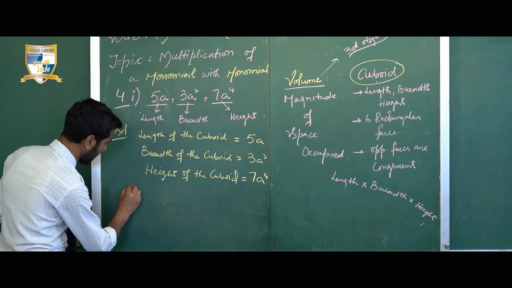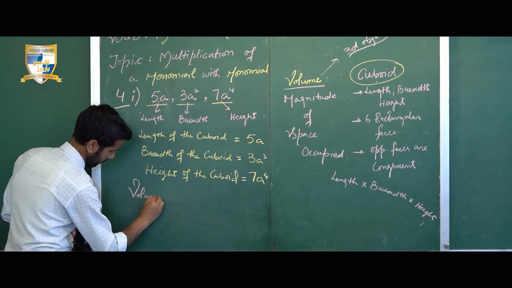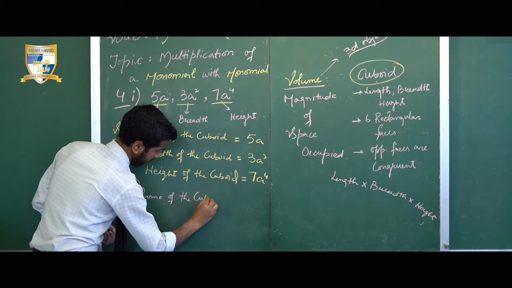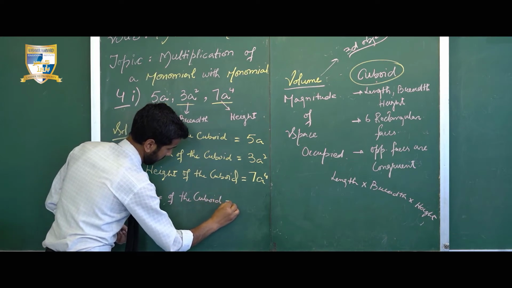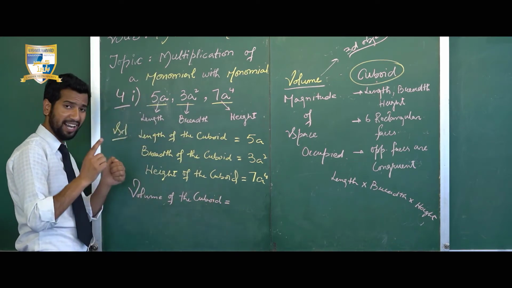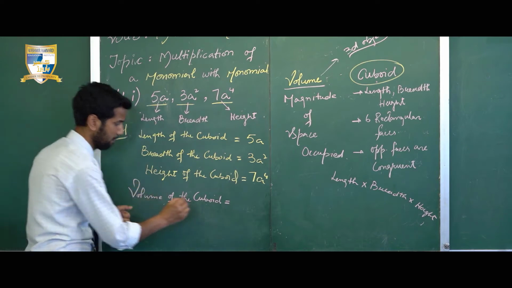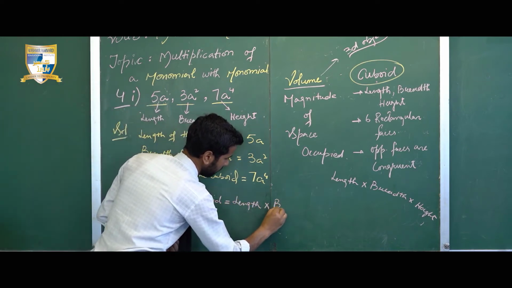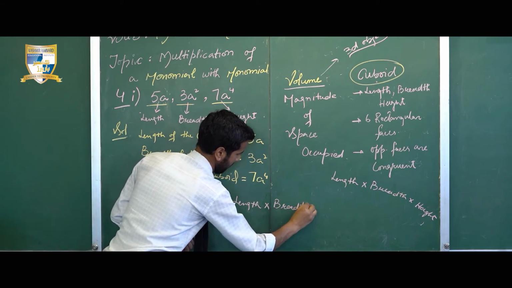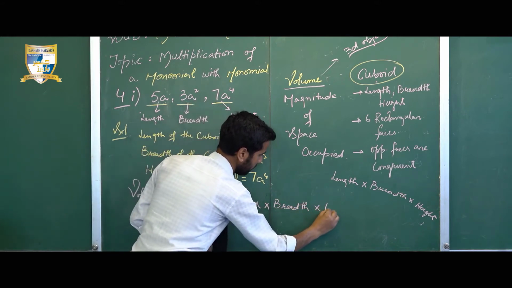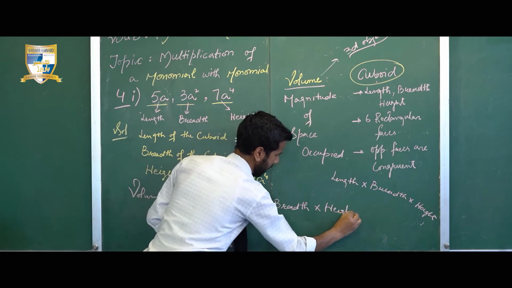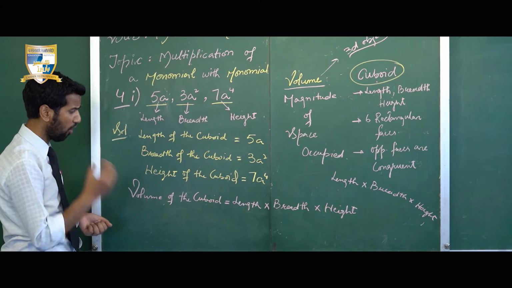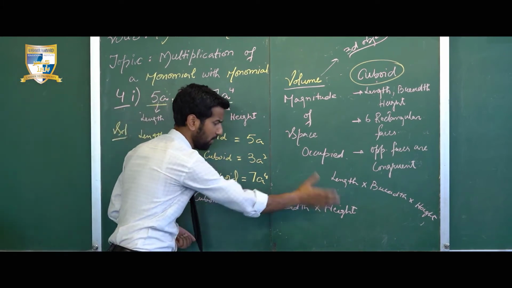Now the question is asking for volume. So the volume of the cuboid, as we all know, is equal to length into breadth into height. The volume of the cuboid is always equal to length into breadth into height.